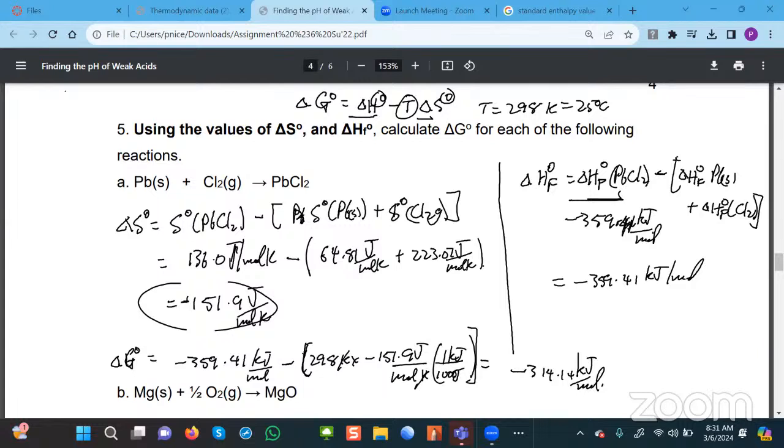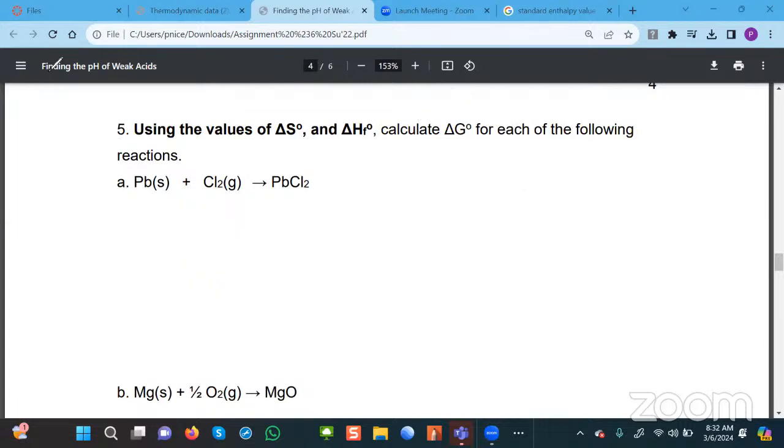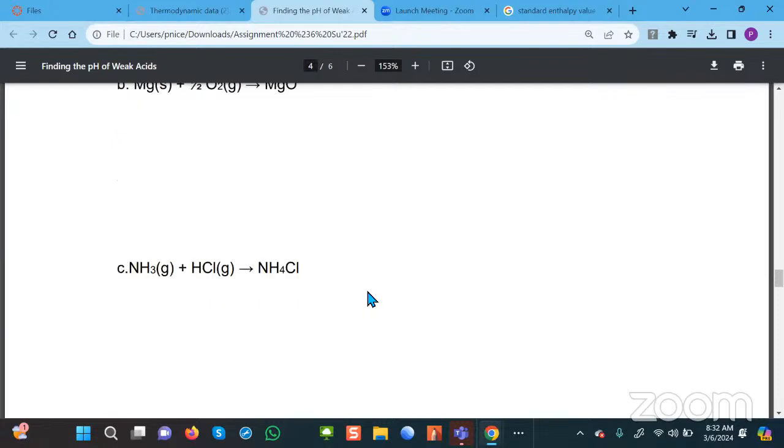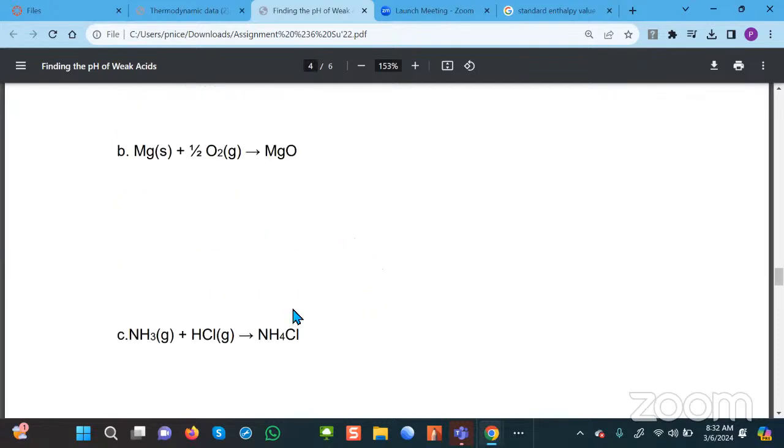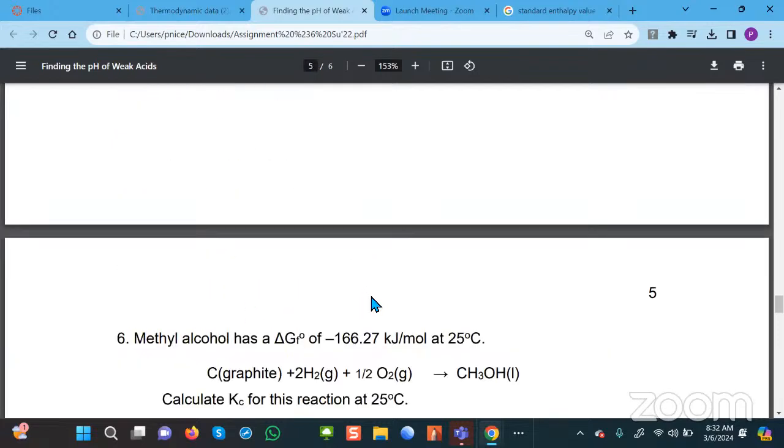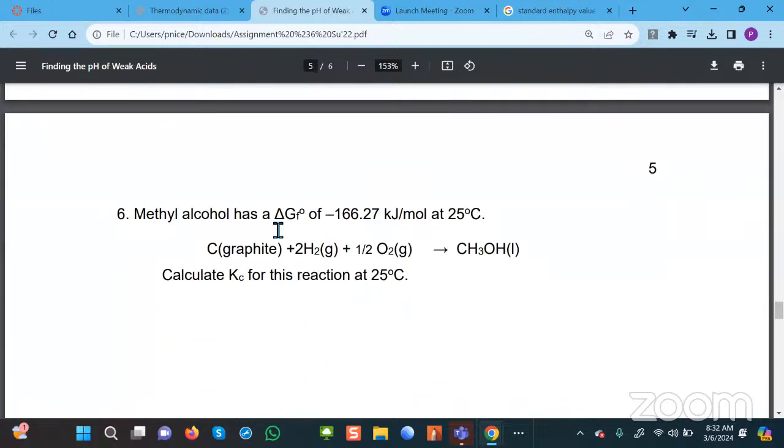Okay, is it okay for me to clear this? All right, let me scroll down further. So basically you can do B, C, the same way we have done A.